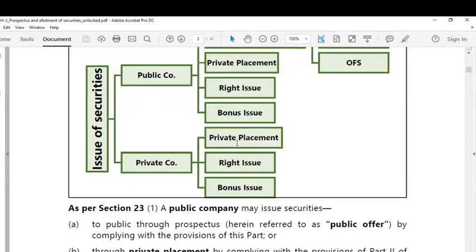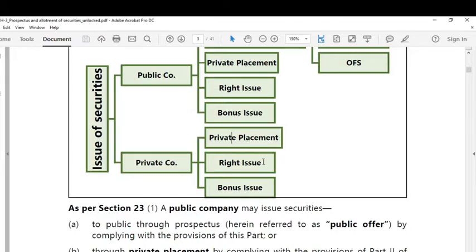The first one is private placement. While making a private placement, the company can offer shares to a limited number of people, and the private company should be very careful after making a private placement. The number of members of a private company should not exceed the maximum number of 200. So that is to be kept in mind.